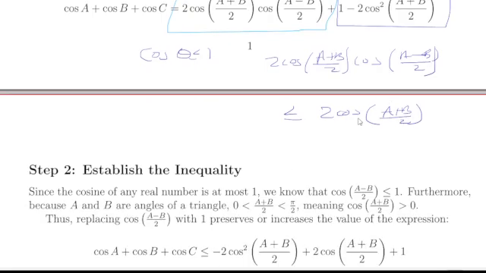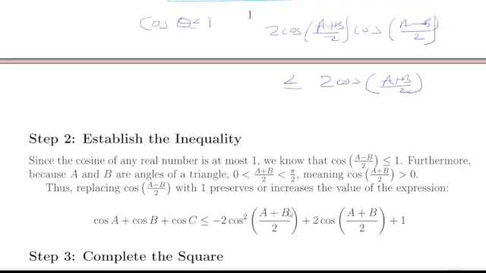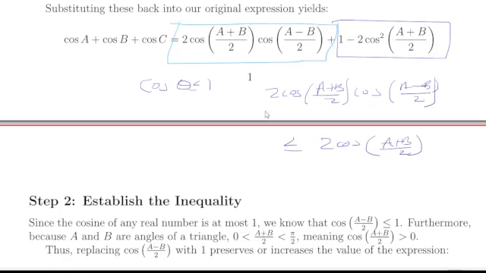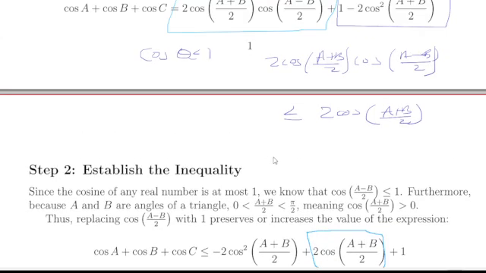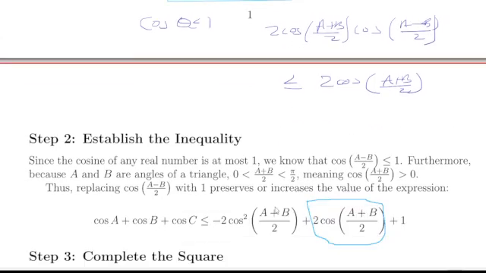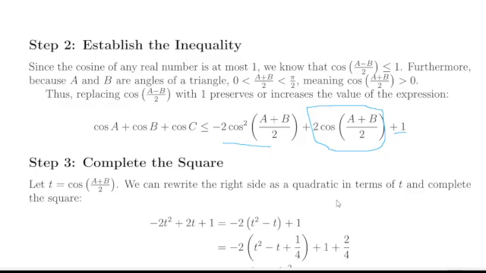So this in the light blue gets replaced with 2 cosine of (A plus B) over 2. That's what we have here, and that's why we have a less than or equal to. And then a negative 2 cosine squared of (A plus B) over 2 is here, and then the 1 is over here.